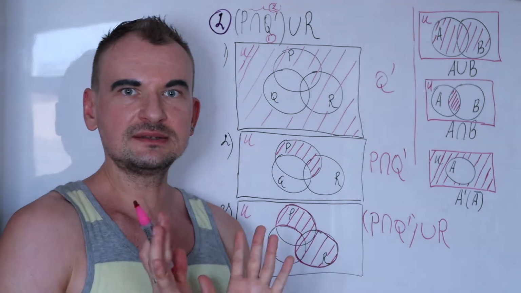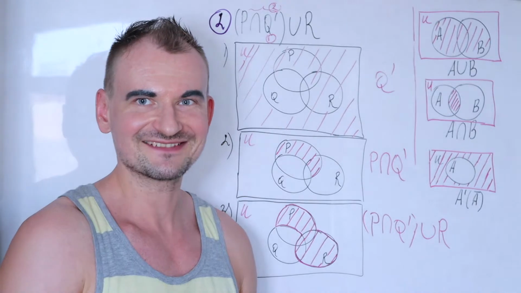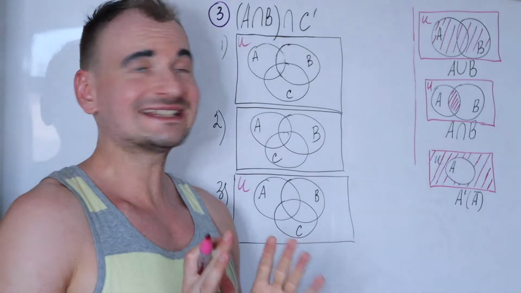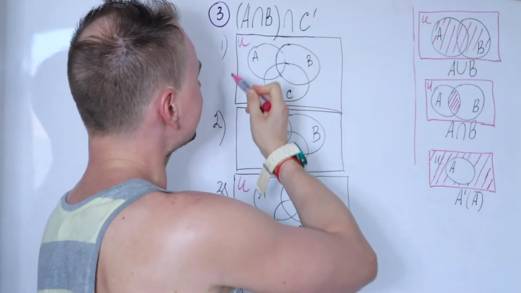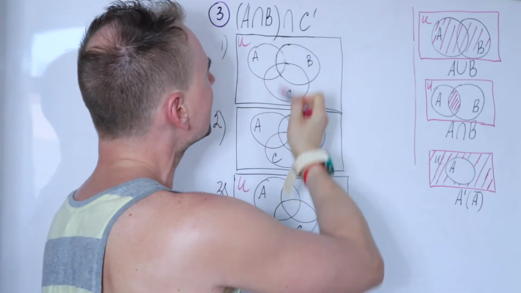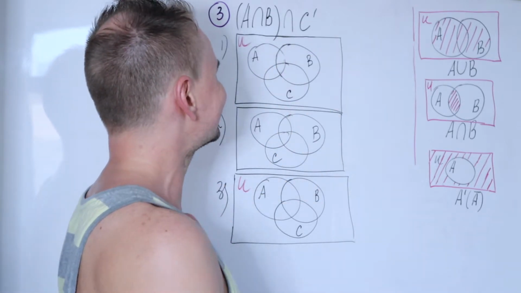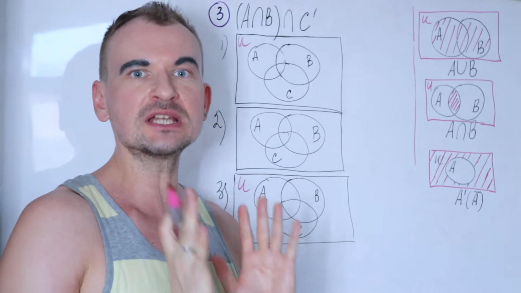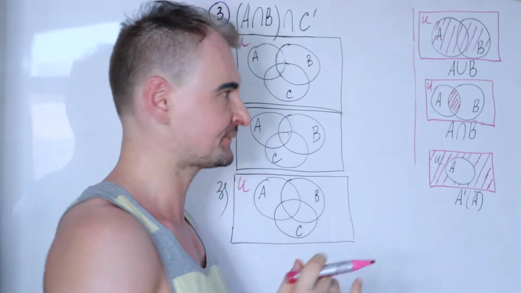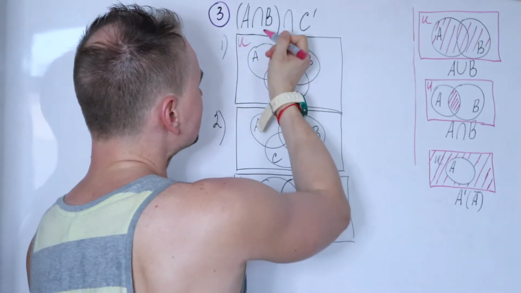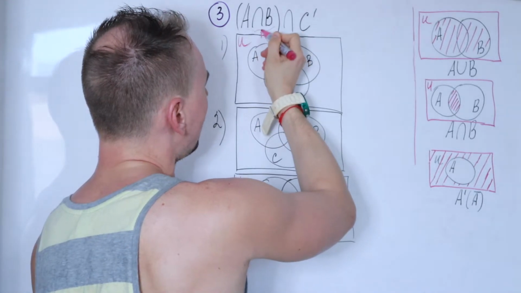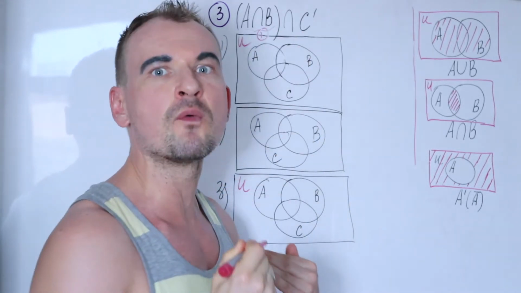Alright, and the last one finally. Let's say you are given A intersection B and intersection C prime. So let's do it incrementally in stages. So the first thing we're going to perform is whatever we have inside of the parentheses.